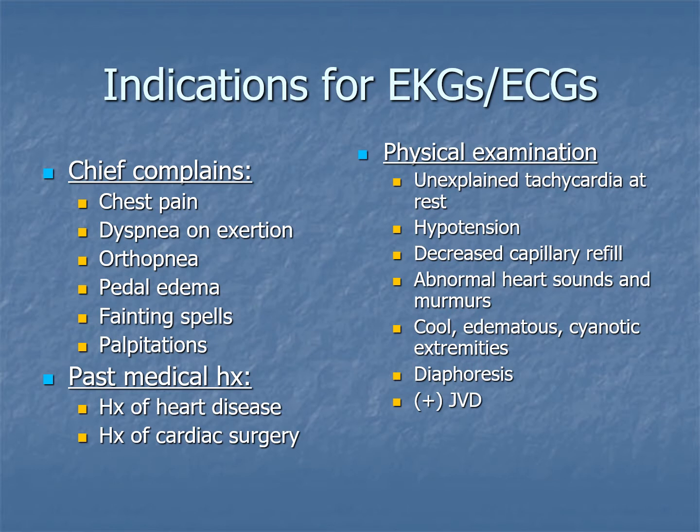On physical exams, unexplained tachycardia at rest, hypotension, decreased capillary refill that's not explained by other reasons, abnormal heart sounds, murmurs, bruits, cool edematous cyanotic extremities, diaphoresis. And then the last one there is a positive jugular venous distension.